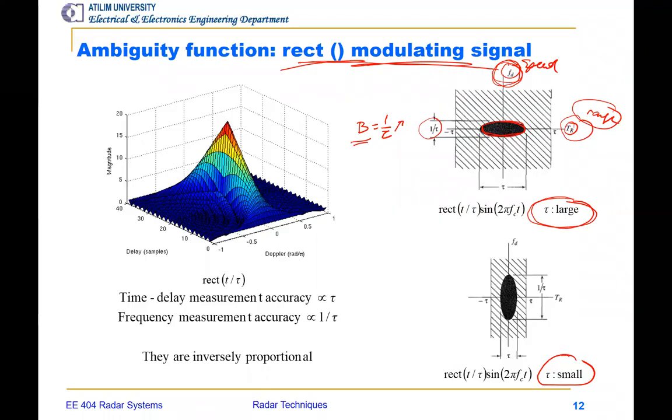When we get a small tau, short pulse, then we see in this case the ambiguity over the Doppler axis will be greater, and ambiguity over the time axis will be smaller, which means that we can measure the range more accurately.